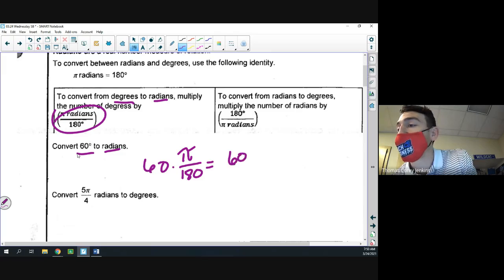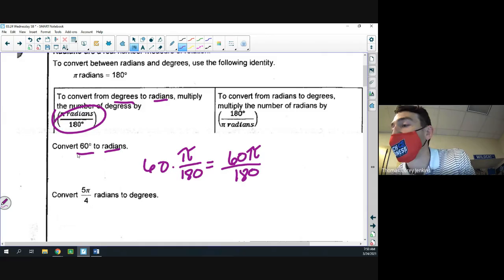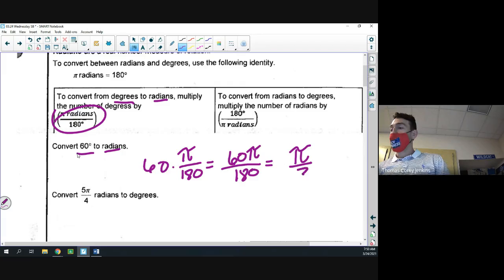Which just gives you 60 pi over 180. And then you would just reduce 60 over 180 to get 1/3. So that would equal pi over 3 radians.